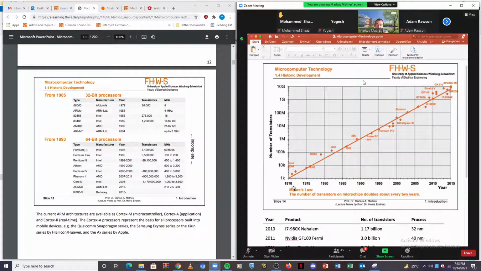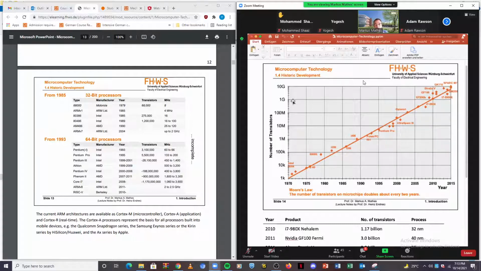And as you can see here on the x-axis, we have the time in a 5-year scale. And on the y-axis, we have a logarithmic scale for the number of transistors. So we have 1K, 10K, 100K, 1 million, 10 million, and so on. So this scale is logarithmic.